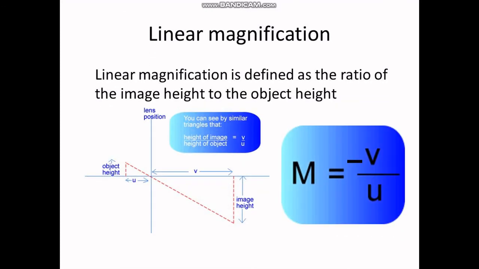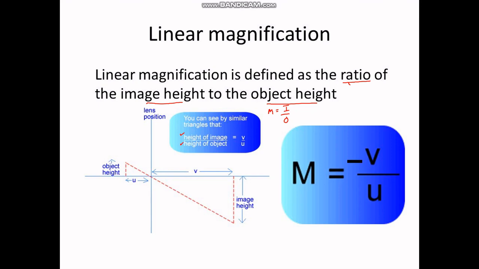Now, linear magnification is defined as the ratio of the image height to the object height. So, over here you have magnification M = I/O, that is height of the image upon height of the object.